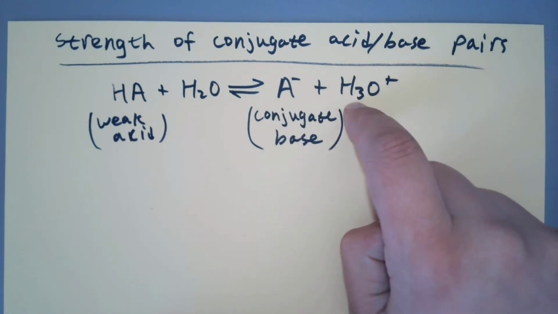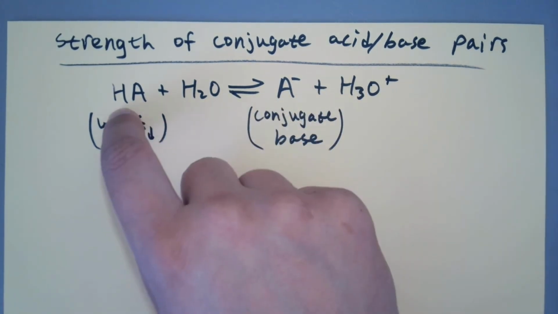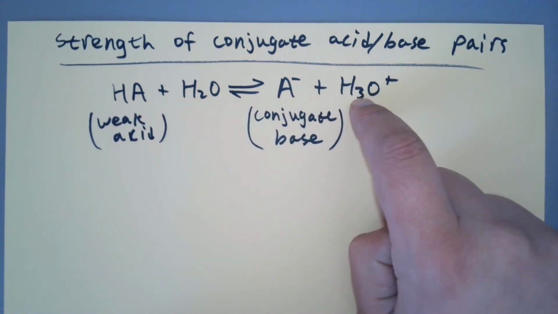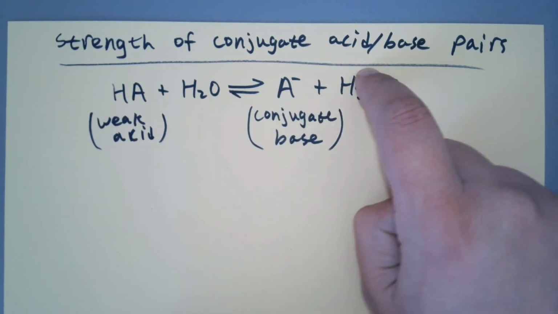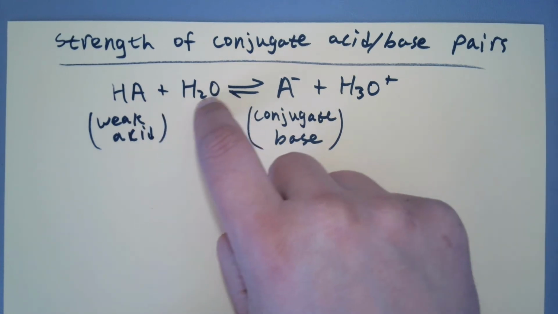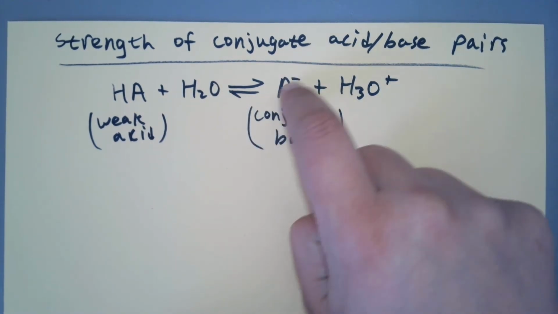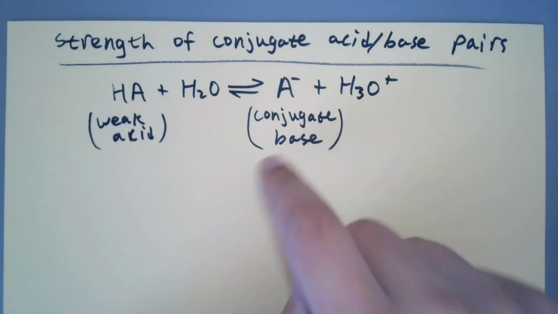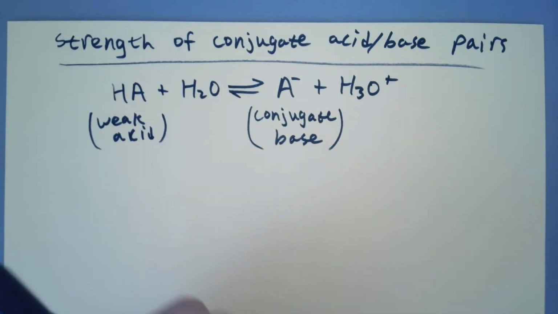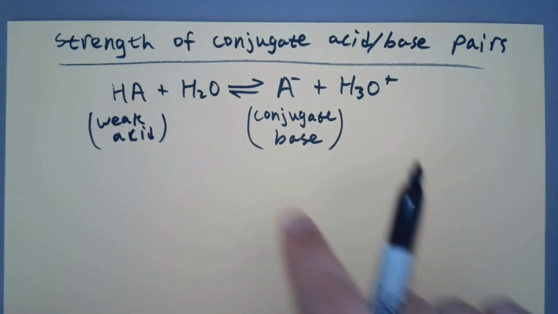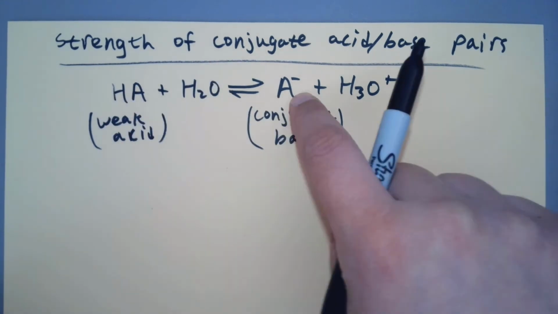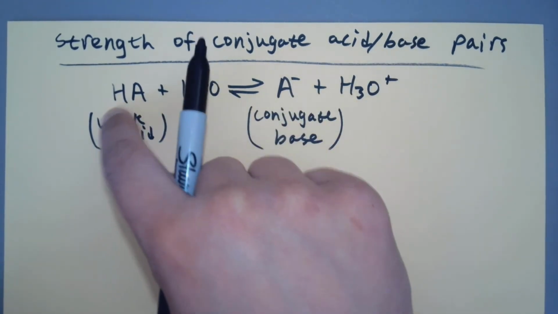It's picking up an H plus and becoming HA. It is removing an H plus from the hydronium, turning it into water, and then A minus becomes HA. So it is acting as a base. It is absorbing an H plus. So that's why we call it a conjugate base. There's the acid in the forward reaction, and there's the conjugate base acting in the reverse reaction.